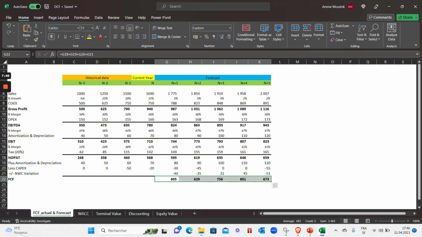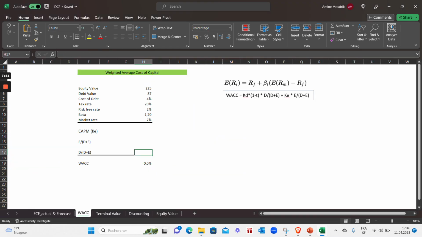So now let's have a look at our example. Here we calculate our capital asset pricing model; I've added the formulas here. Those figures are proper assumptions just to help us calculate our WACC.